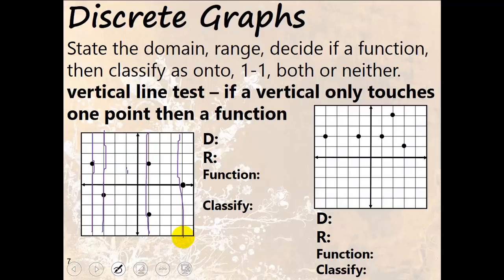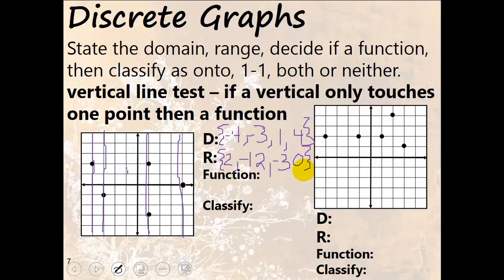All right, so my domain, this is 1, 2, 3, 4, is -4, -3, 1, and 4. My range is 2, -1, +2, -3, and 0.